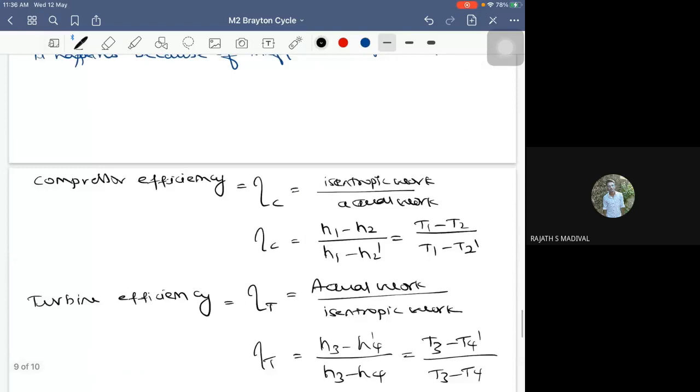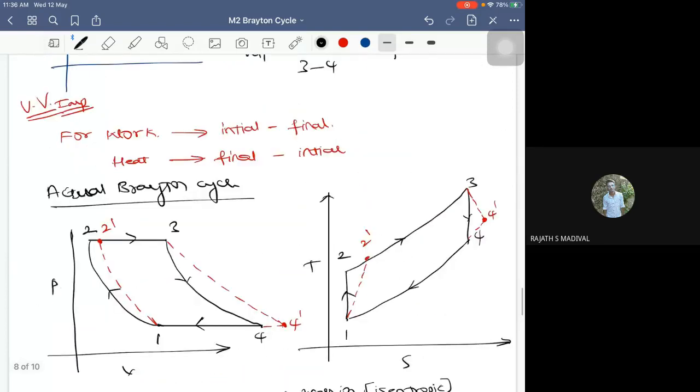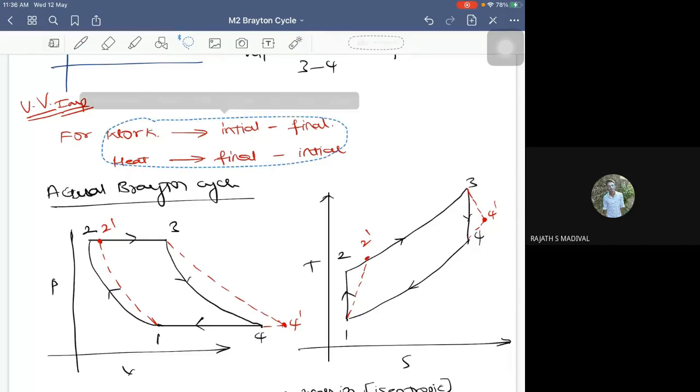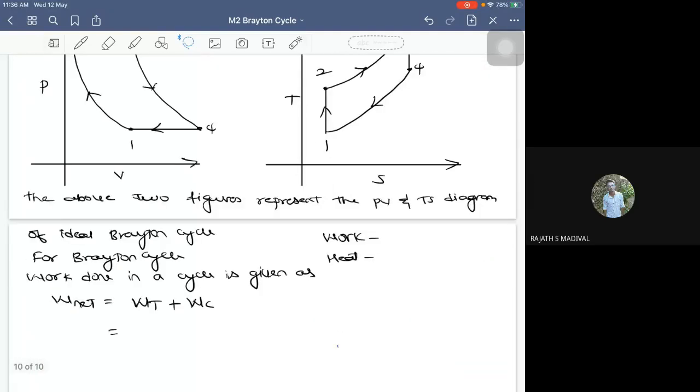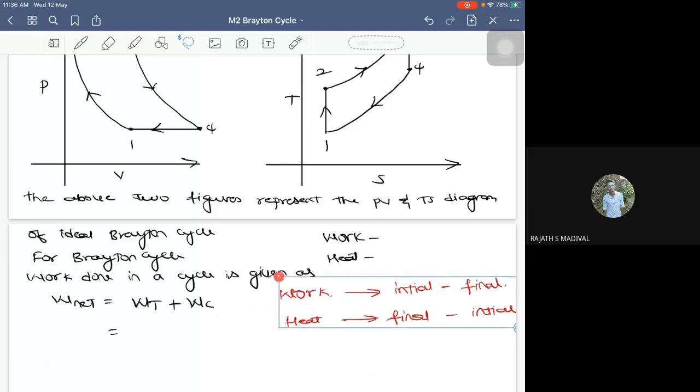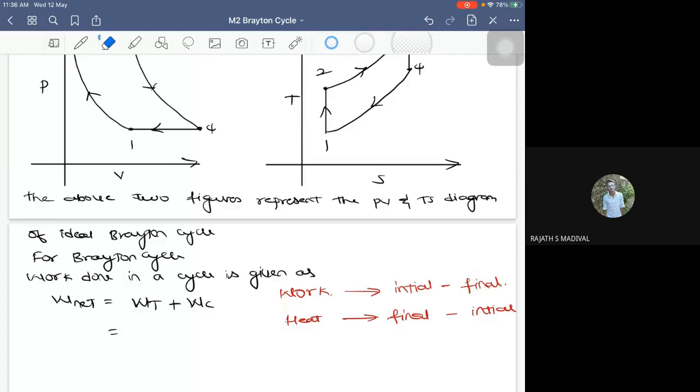I told you in the last class. For work it is initial minus final.